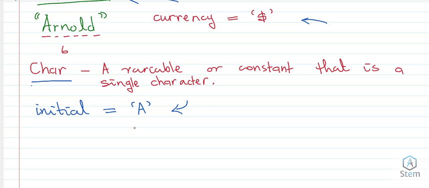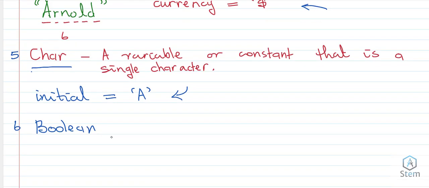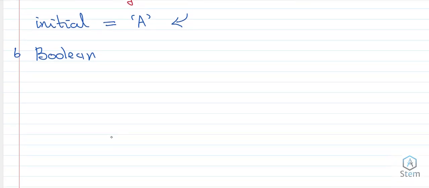Then we have another data type called Boolean. So this was number maybe 5. We have a data type called Boolean. That's a new one. We have situations in programming where you want to store either yes or no. Those are the only values you want to store.